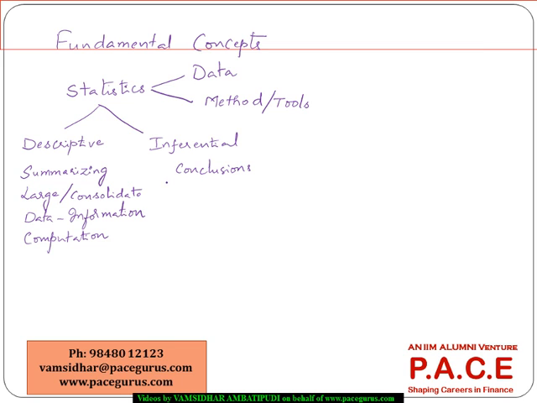I may have to make some kind of conclusions or forecasts or judgments about the data, where I take a small set of data and try to make conclusions about the large set, which actually involves mechanisms like sampling and hypothesis testing.